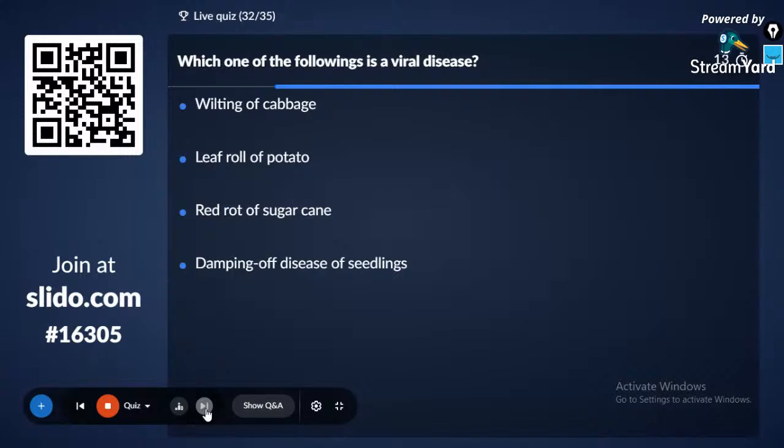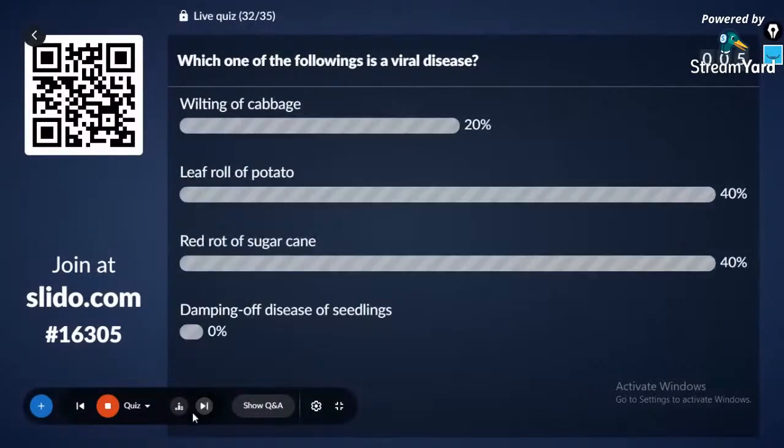Wilting of cabbage, leaf roll of potato, red rot of sugarcane, or damping off of seedlings? Yes, it is leaf roll of potato. Next, the 33rd question.